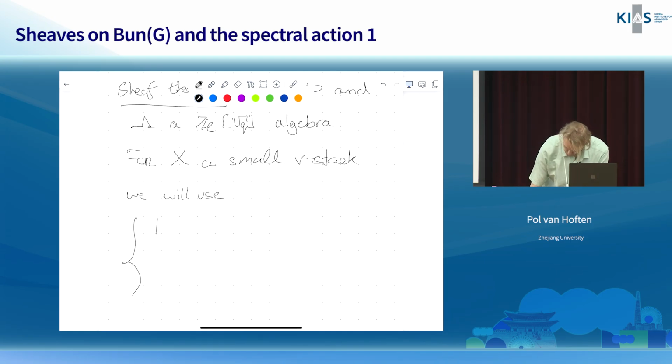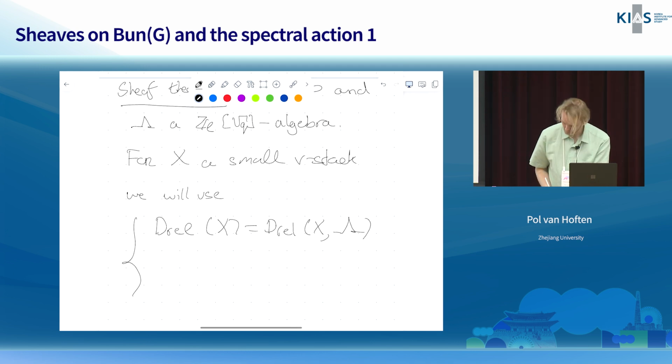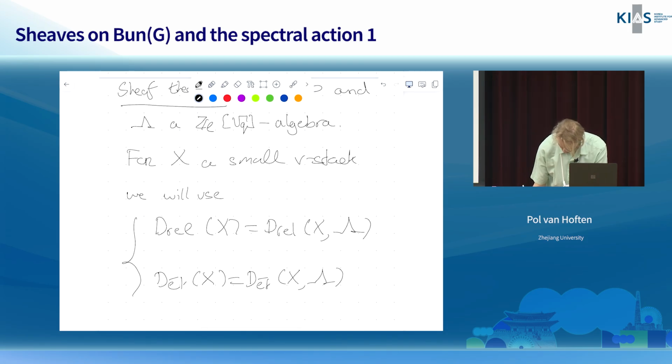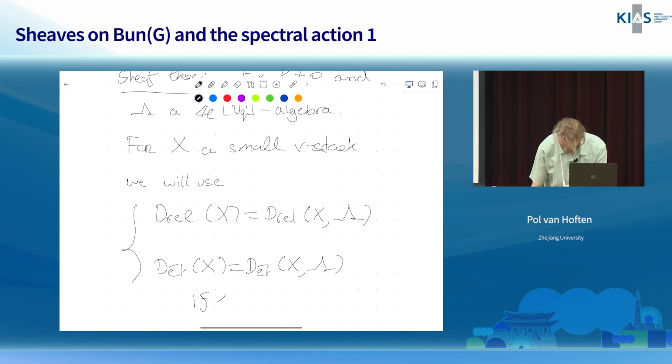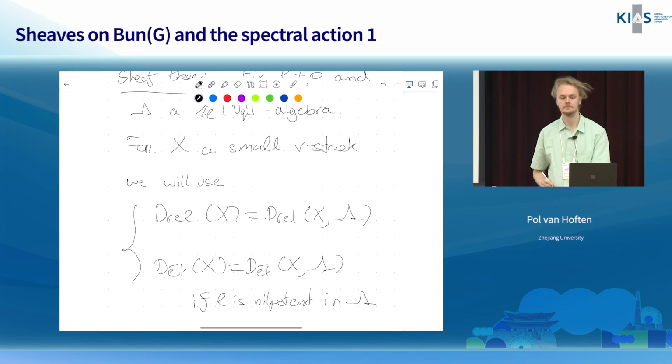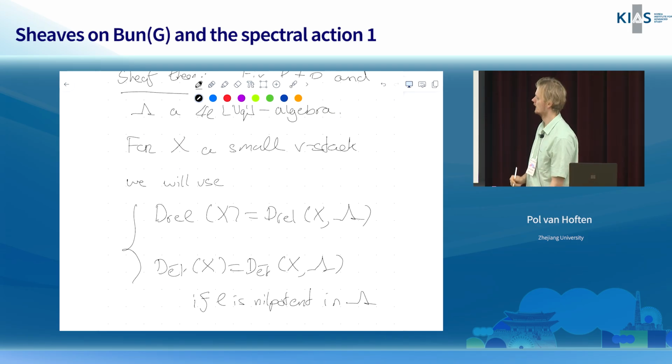Either I'll use D_rel(X, Lambda), or I'll use D_etale(X, Lambda) if L is nilpotent in Lambda.